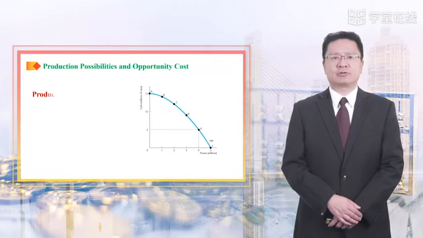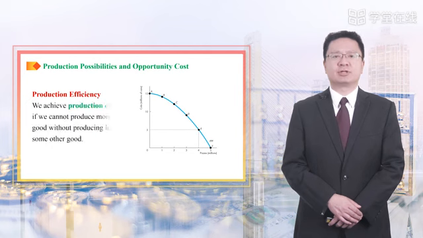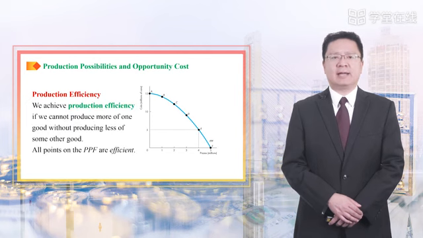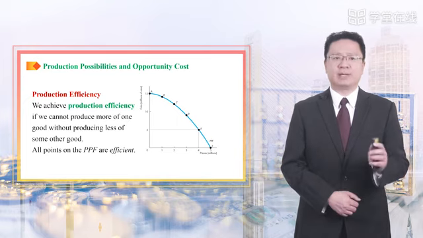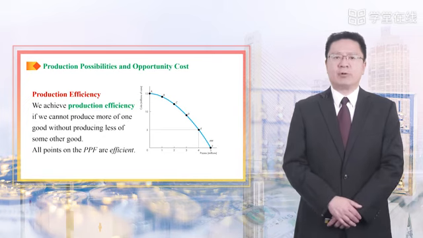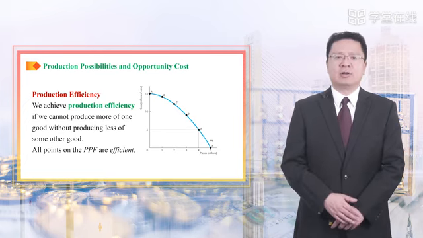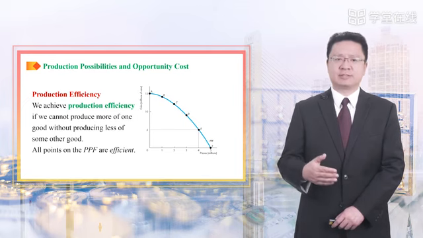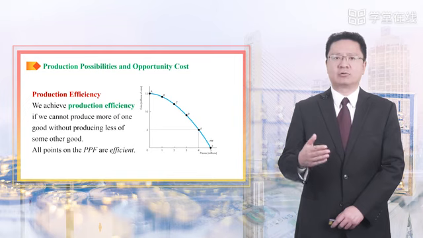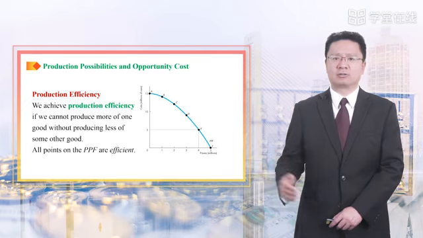We achieve production efficiency if we produce goods and services at the lowest possible cost. This outcome occurs at all the points on the PPF. For the points inside the PPF, production is inefficient because we are giving up more than necessary of one good to produce a given quantity of the other good.